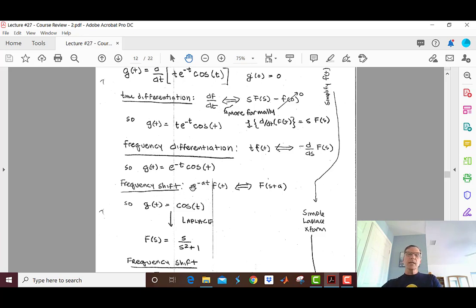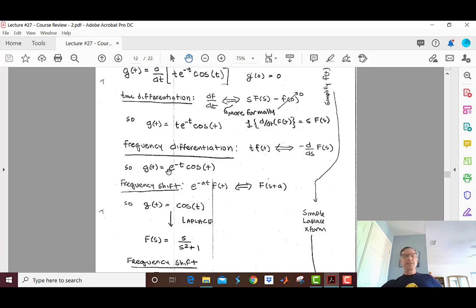And it is, if I recognize that the thing I want the Laplace transform of can be written as e to the minus a t times some f(t), then I can just get the Laplace transform of the f(t), which in this case is of course going to be cosine t, and then replace the s with s plus a.